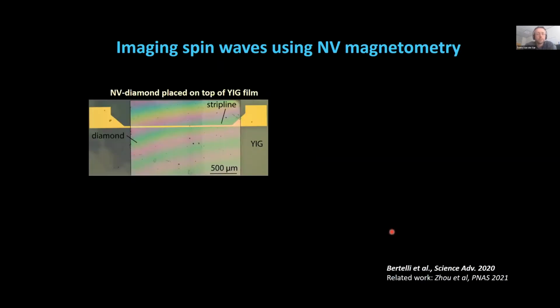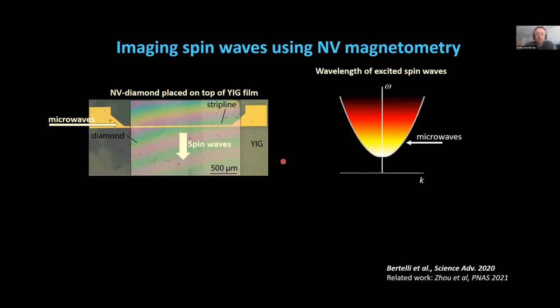Now, how do we study spin waves? Let me start with the simplest technique, where we put a diamond on top of a YIG film, and then we send microwaves into this gold strip line here, and we expect to excite spin waves downwards here. Now, how does it work if we take a look at the spin wave dispersion? We apply microwaves of a certain frequency omega, and because we know the dispersion of the spin waves, we expect a certain wavelength to be excited.